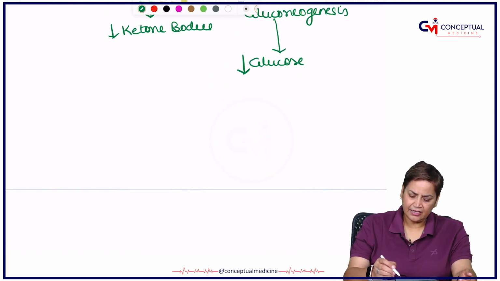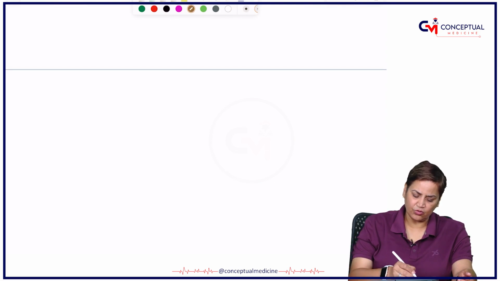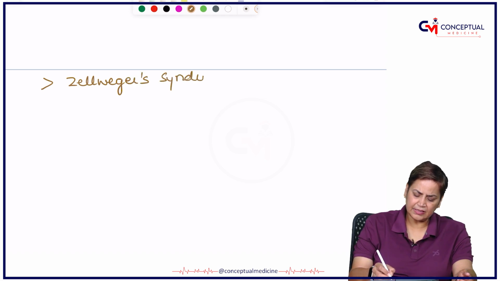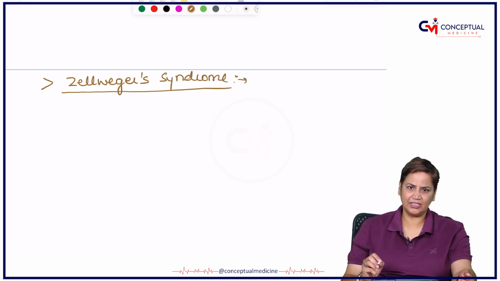Then the second disorder is Zellweger syndrome. This is actually a protein targeting disorder, or a peroxisomal targeting disorder.